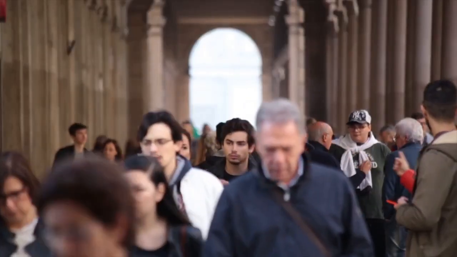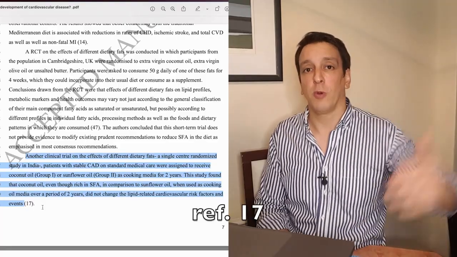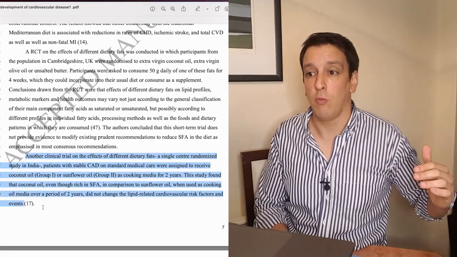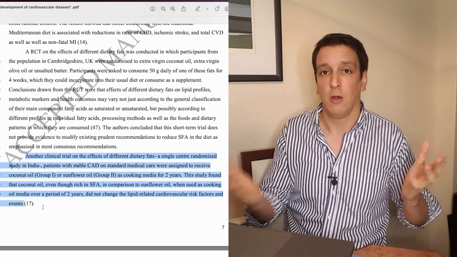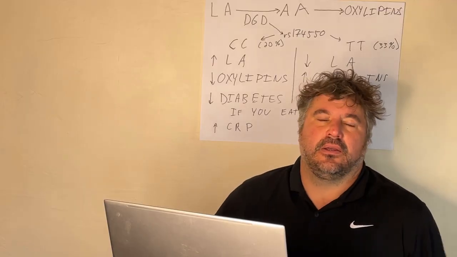So when we look at a population at large and we don't specify replacement, we tend to not see much change in risk with different saturated fat intake. So this knowledge changed the standard of the field. We now understand that just looking at changes in saturated fat in a vacuum is uninformative. We have to look at specific swaps, specific replacements. Was it already super high at baseline? Was it low? Did it increase significantly on either of the groups? This trial doesn't answer that.